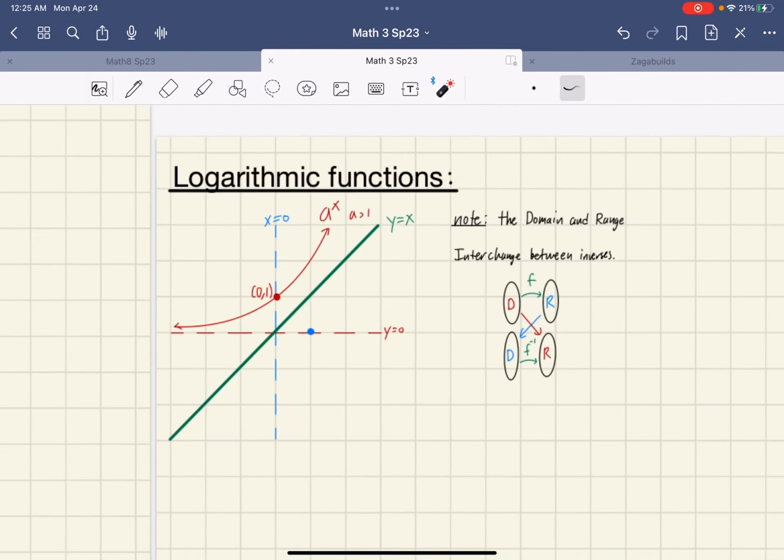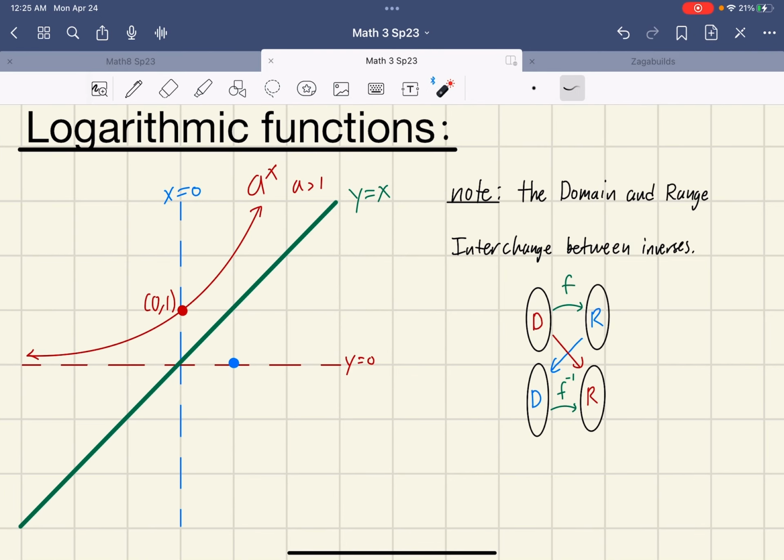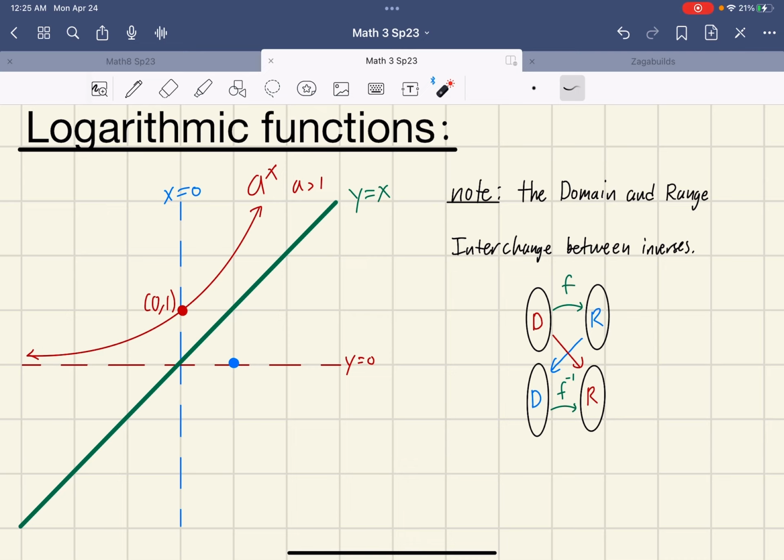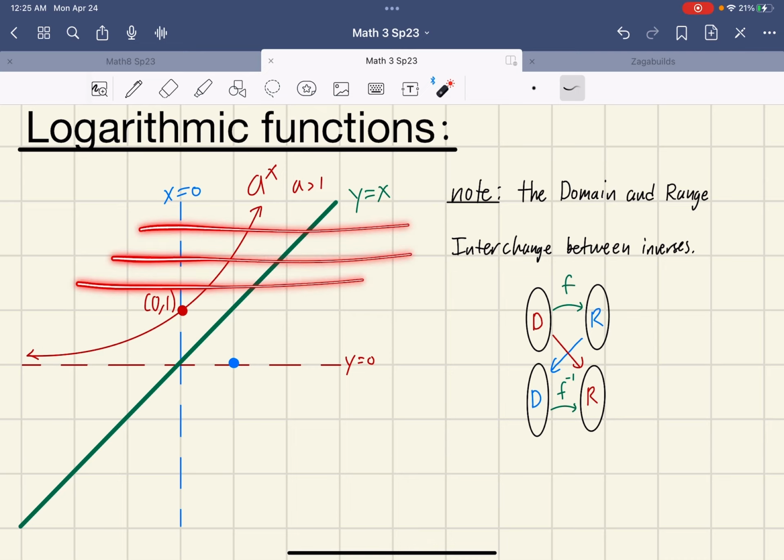Now, logarithmic functions are actually inverses of the exponential function. Because if we look at an exponential, well, we know it's a function because it passes the vertical line test. Since it passes the vertical line test, I can now check the horizontal line test, which it also passes.